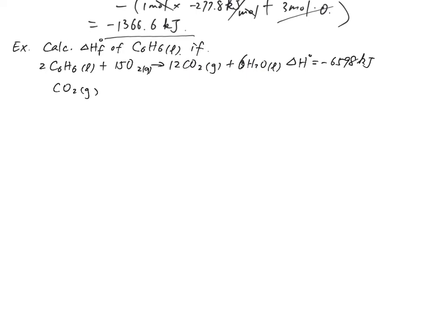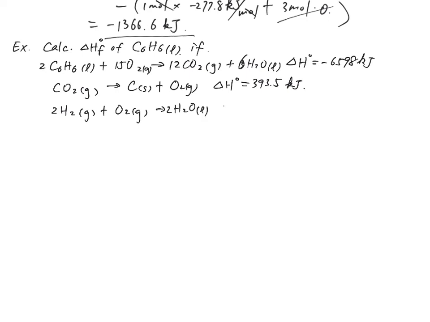Carbon dioxide gas breaking down to carbon solid and O2 gas, delta H standard is 393.5 kilojoule, and 2 H2 gas plus O2 gas producing 2 liquid water, and delta H equal to negative 571.6 kilojoules.